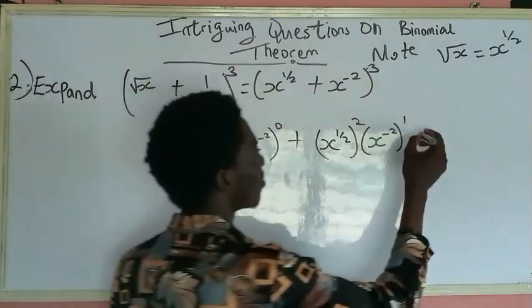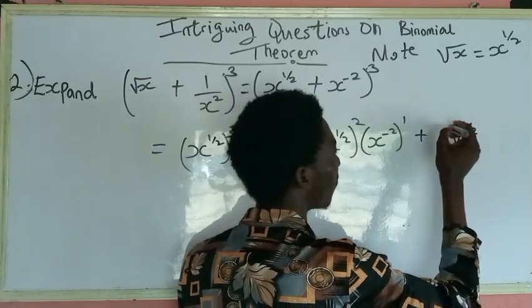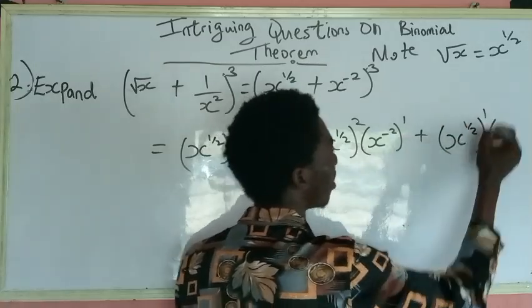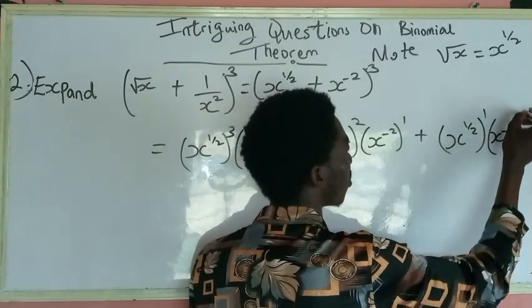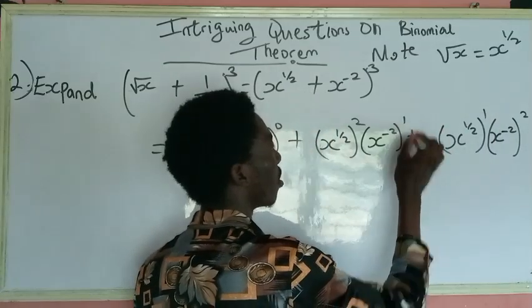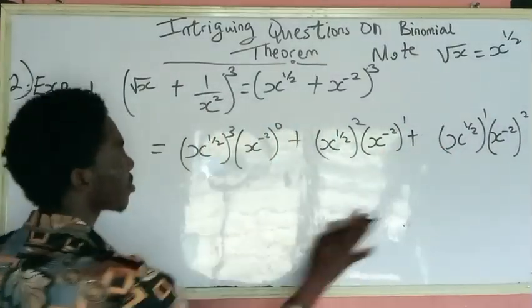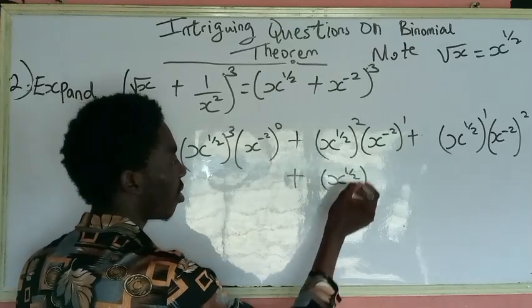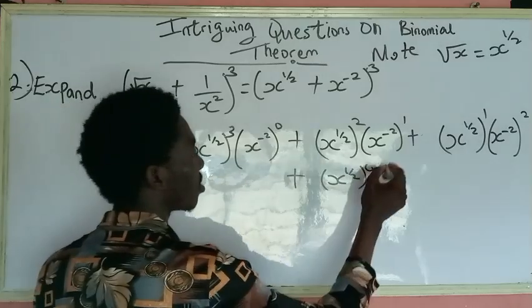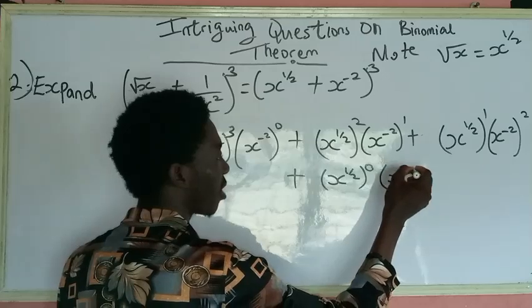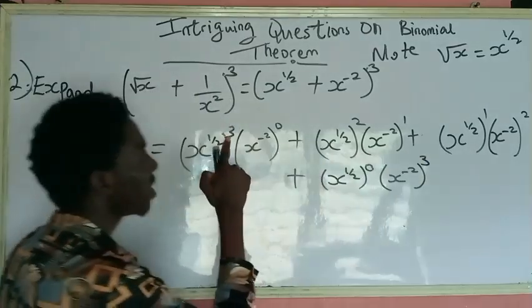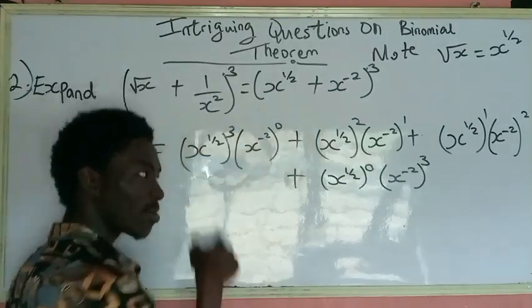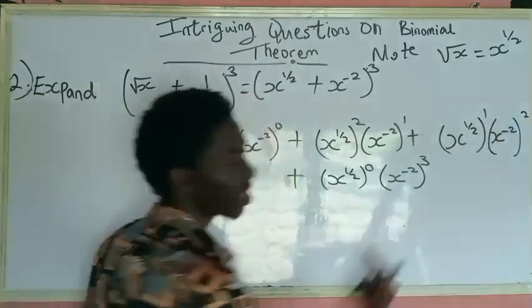The next one you have x raised to half all raised to 1, x raised to minus 2 all raised to 2. Can you see that? And the last one is x raised to half all raised to 0 and x raised to minus 2 all raised to 3. You can see 3, 0, 2, 1. This comes down, this goes up like that.